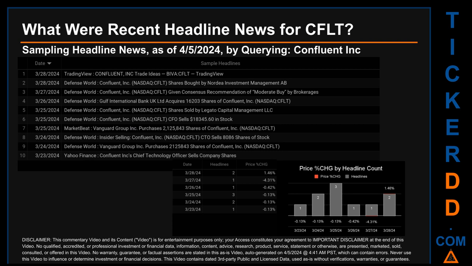It had 3 discovered headlines when Defense World published the headline that read, Confluent, NASDAQ, CFLT, shares bought by Nordea Investment Management AB. Defense World published the headline that read, Confluent, NASDAQ, CFLT, given consensus recommendation of moderate buy by brokerages.